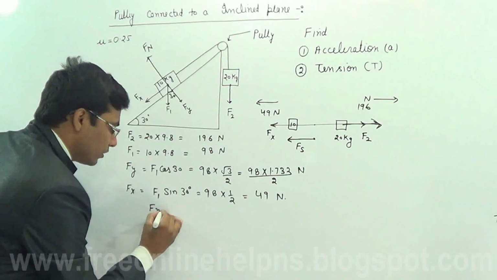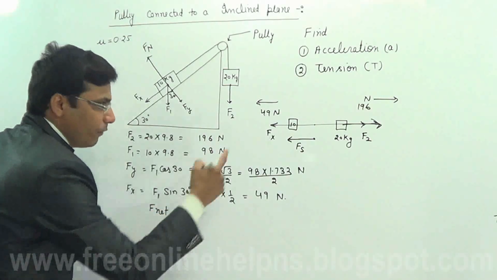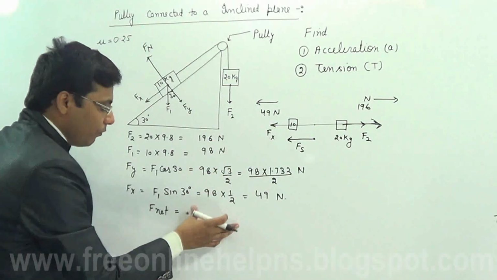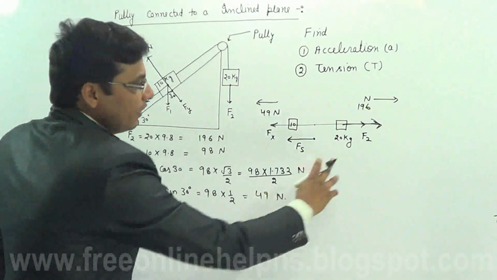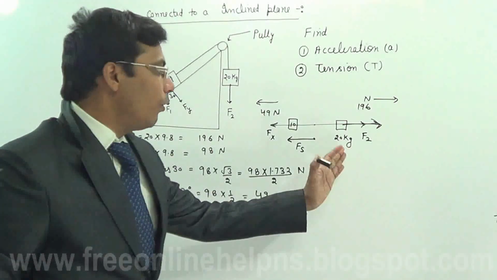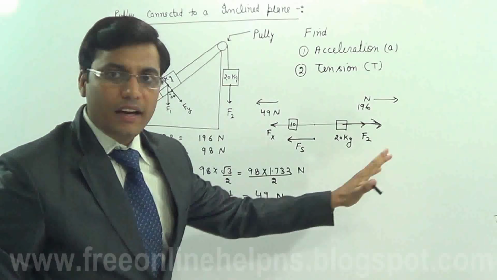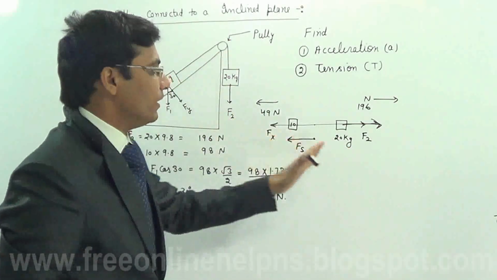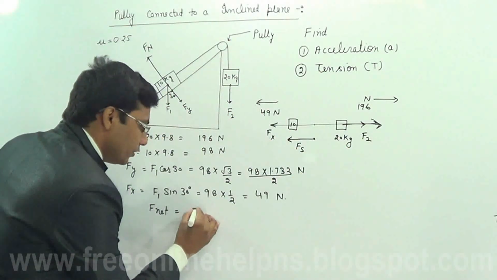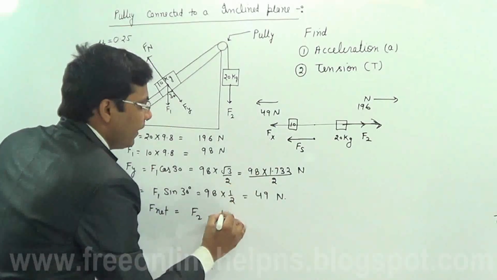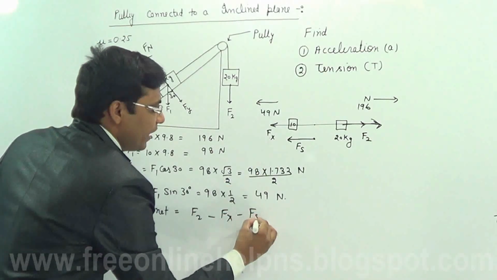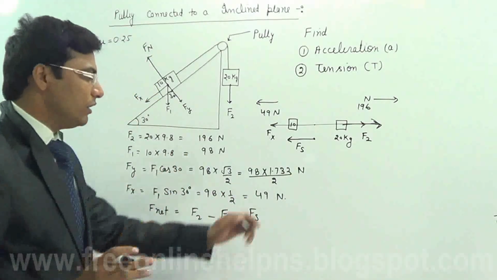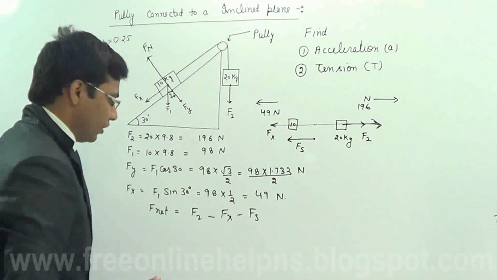The net force F net will equal the sum of all forces acting there. The body is moving in the clockwise direction and F2 is acting in the clockwise direction, so F2 will be positive, and Fx and the frictional force Fs will be negative because they are acting opposite to the direction of motion.